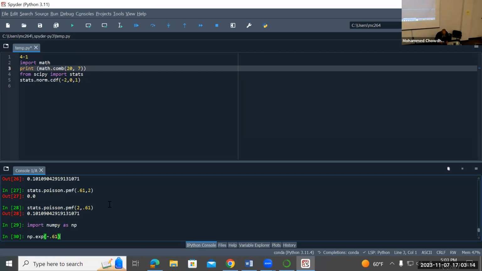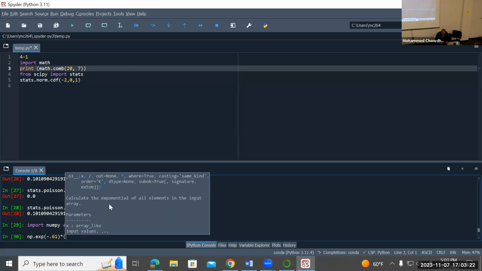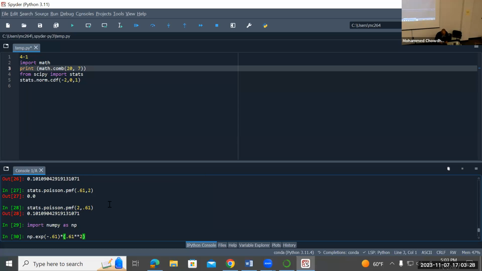Oh, I made a mistake maybe. The formula is right. I made a mistake because I did not put the negative sign. e to the power minus lambda times lambda to the power x, 0.61 to the power 2. Now I think I will get the result.